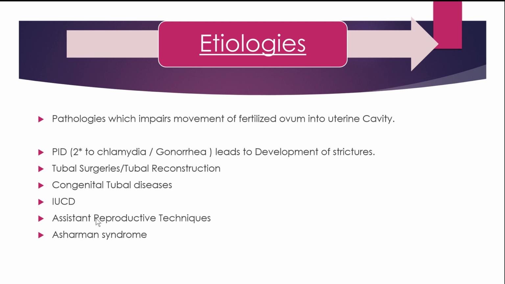ART, assisted reproductive techniques. This one is interesting. This is basically the test tube babies, which might include GIFT and ZIFT. GIFT stands for gamete intrafallopian transfer. And Asherman syndrome. Asherman syndrome results because of a complication of the D and C method, which is also termed dilatation and curettage method.